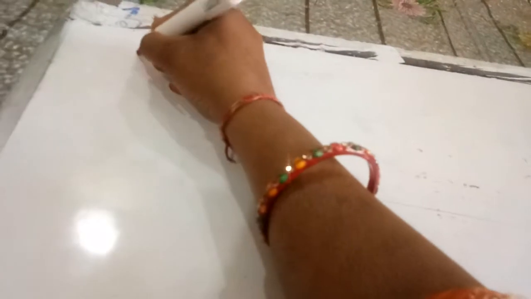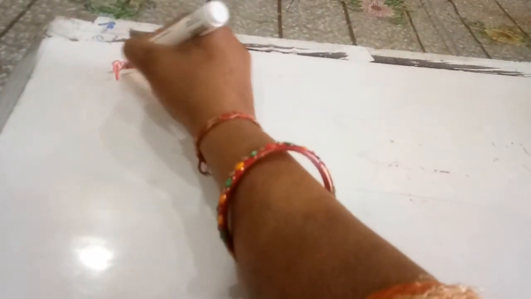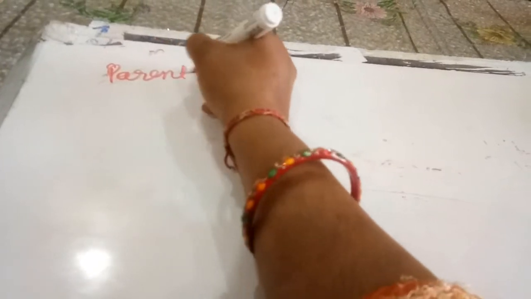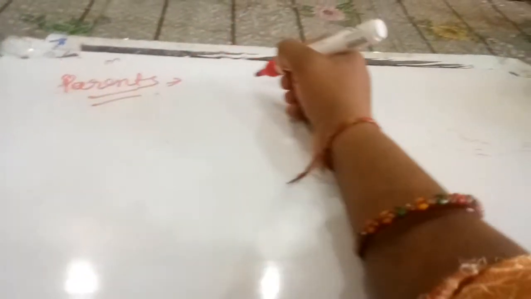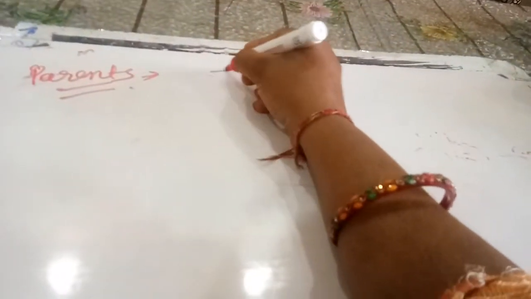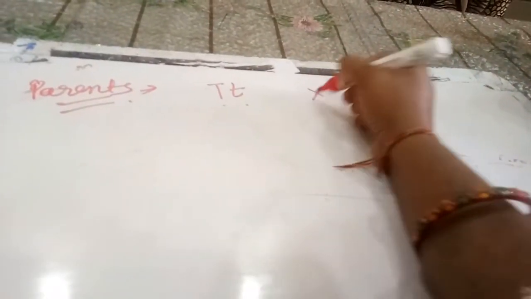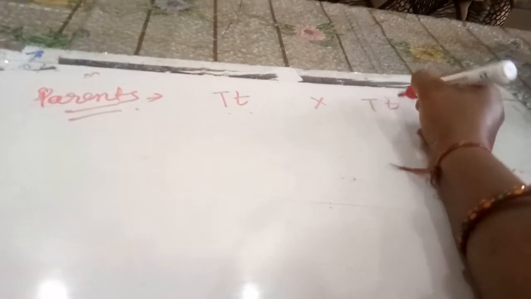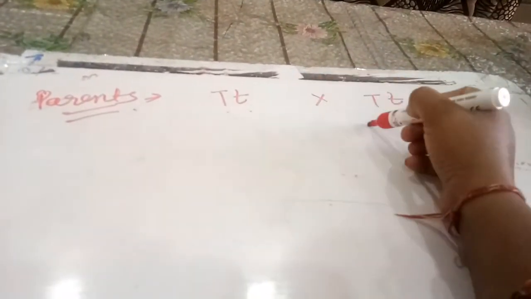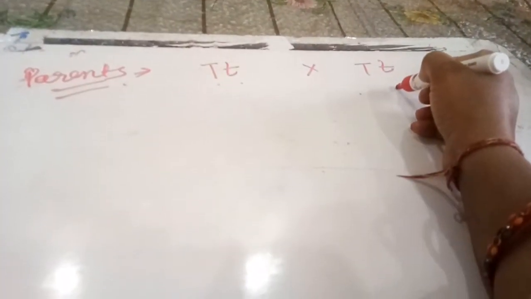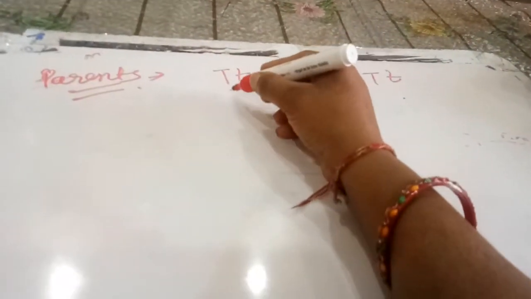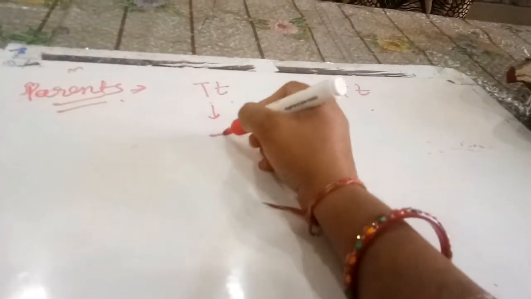For the selfing, we'll take the F1 generation parents, and the two parents are heterozygous: capital T, small t, capital T, small t. From these parents we get gametes.